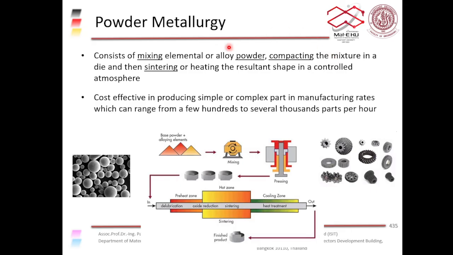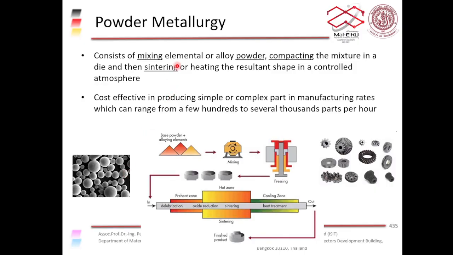want. So we are making the powder and mixing the powder together and compacting it into the shape that we want. So the powder metallurgy process involves mixing elemental or alloy powder, right? First of all, we have to produce the powder, so we have a process called atomization to produce a powder.